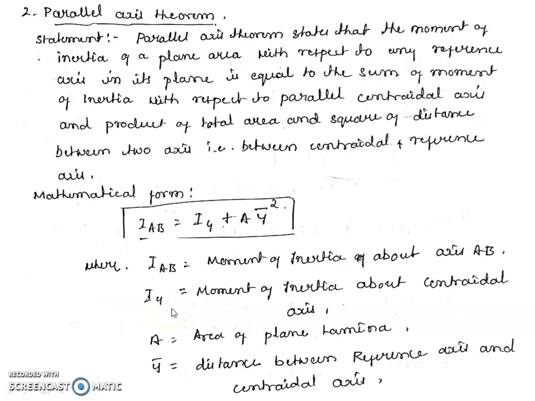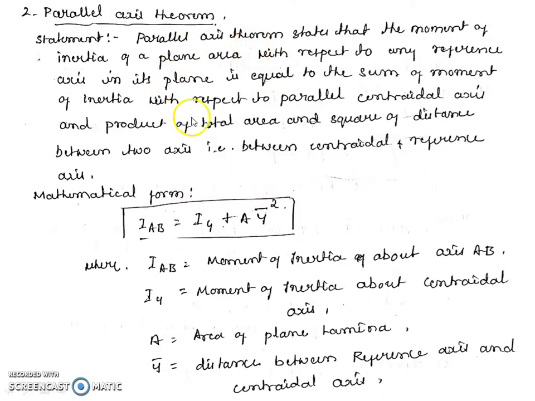Now I will go to the parallel axis theorem. The statement of the parallel axis theorem is like this. It states that the moment of inertia of a plane area with respect to any reference axis in its plane is equal to the sum of the moment of inertia with respect to the parallel centroidal axis and the product of the total area and the square of the distance between the two axes, that is between the centroidal and reference axis.